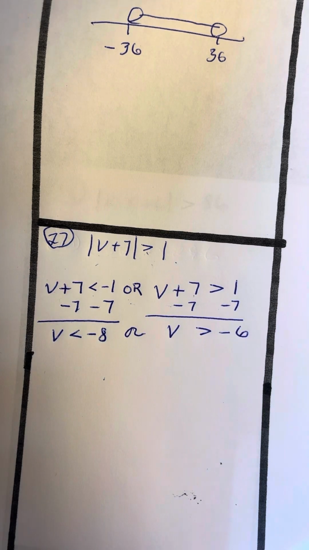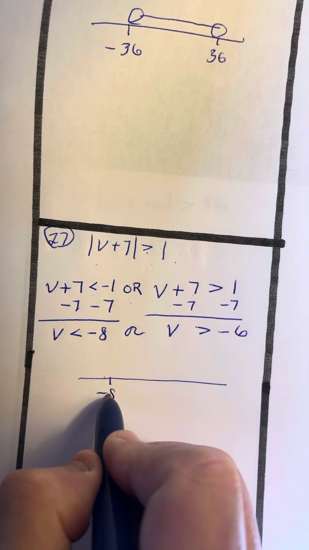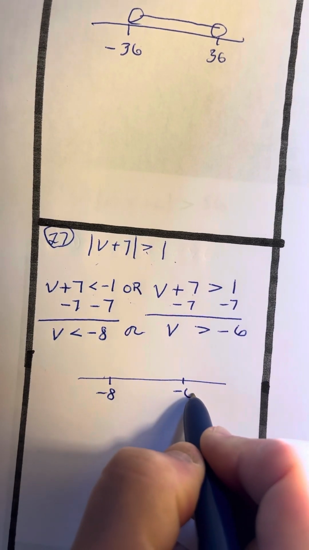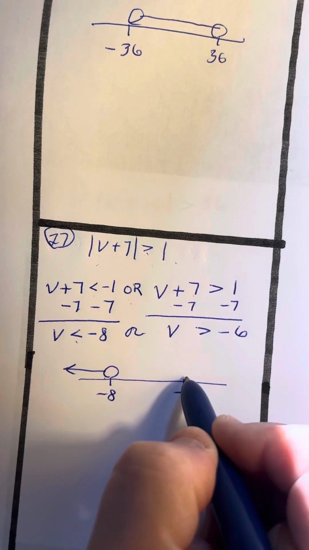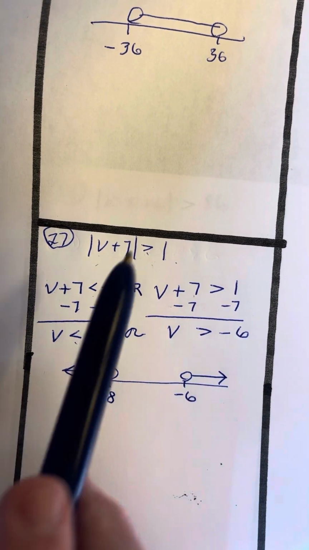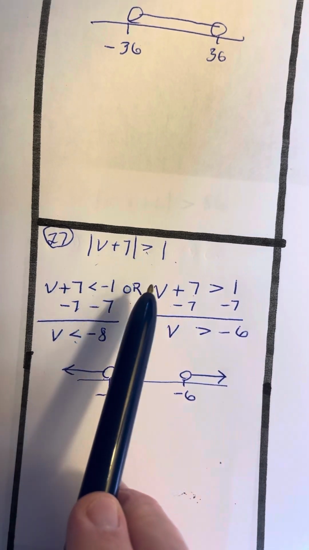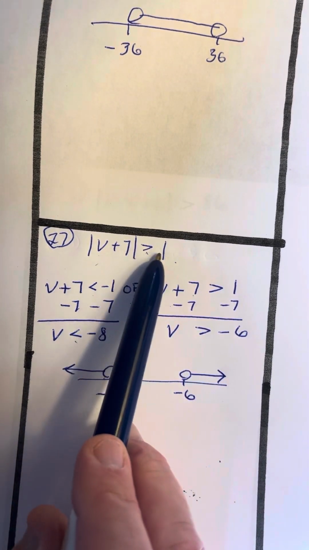Okay. Negative 8, negative 6, and just point your arrows in the same direction. Absolute value greater than, two separate equations. One is the same and one is the opposite.